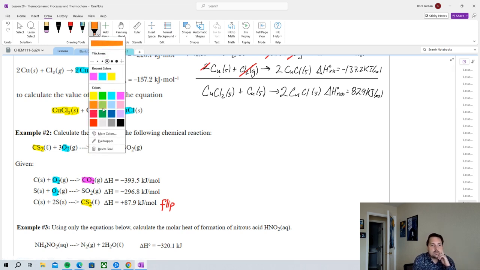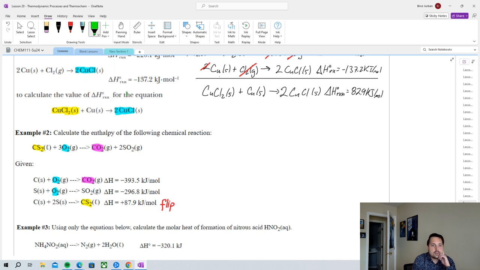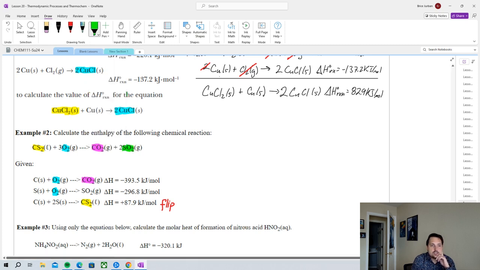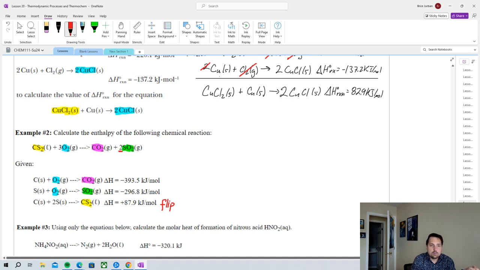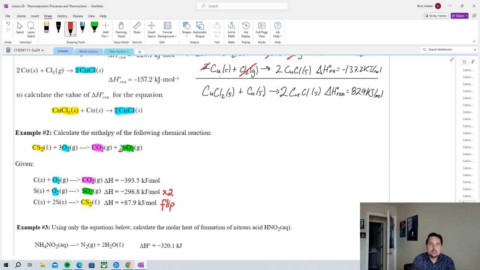The last one we have is sulfur dioxide, and that shows up in only one spot. However, it has the wrong coefficient, so we're going to need to multiply this one by 2. When we multiply the coefficients by 2, we multiply the enthalpy by 2.